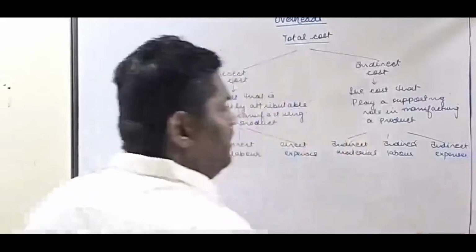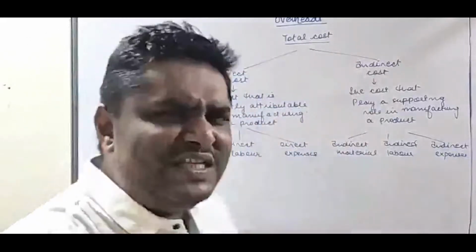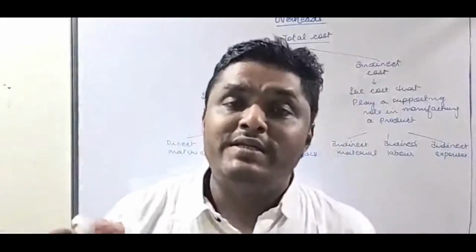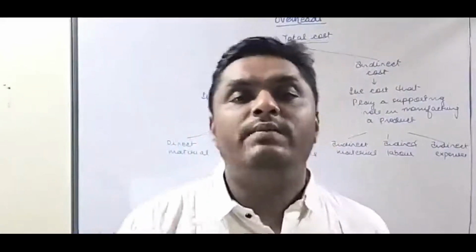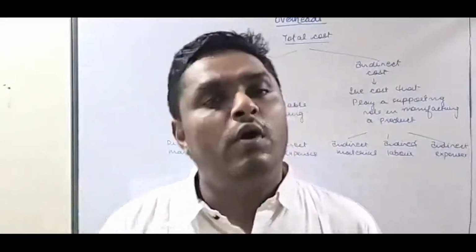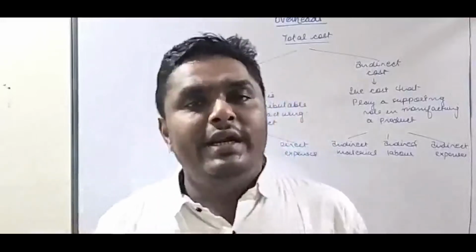Now the point is, what's the difference between direct and indirect cost? What is the main cost that is attributable? What are the supporting costs? What is the difference between direct material and indirect material, direct labor and indirect labor, or direct and indirect expenses?